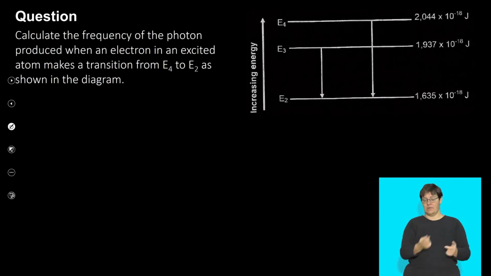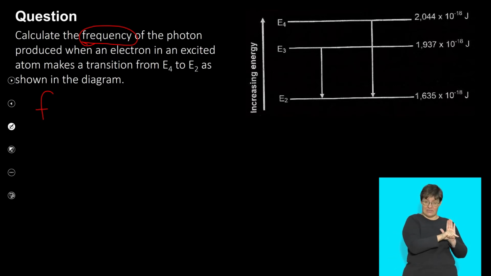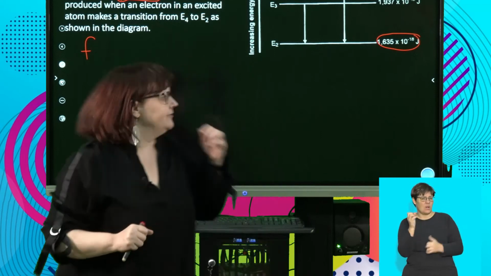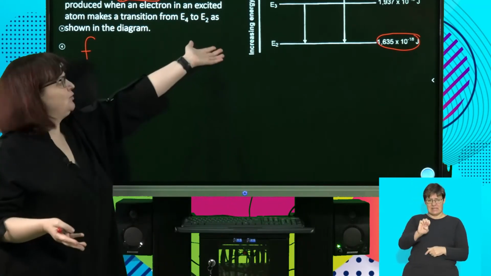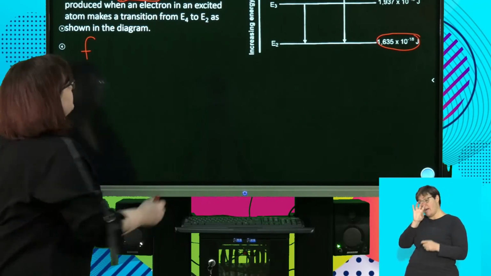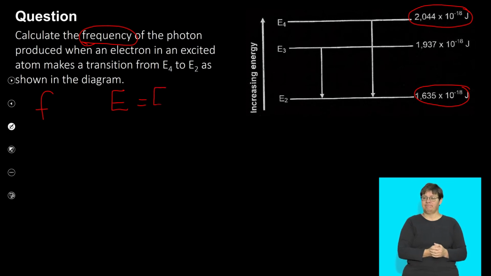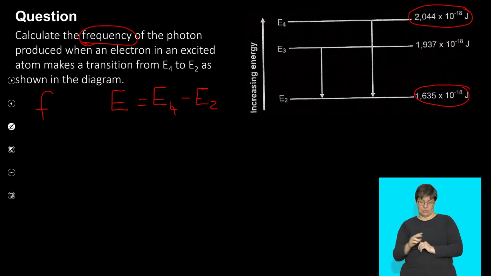Now they say, calculate the frequency, so we want F, of a photon produced when an electron in an excited atom makes a transition from E4 to E2. Now, to calculate F, I need E, and I've got 2 here. What we need to recognize is the energy that it's going to have is the difference between those 2 energy levels. That's why they gave us the values.